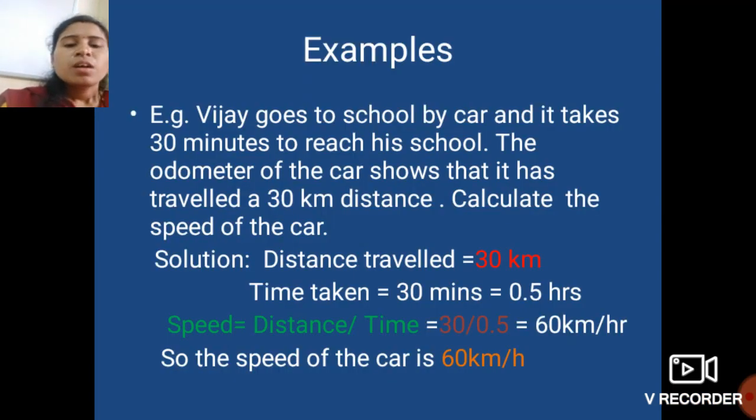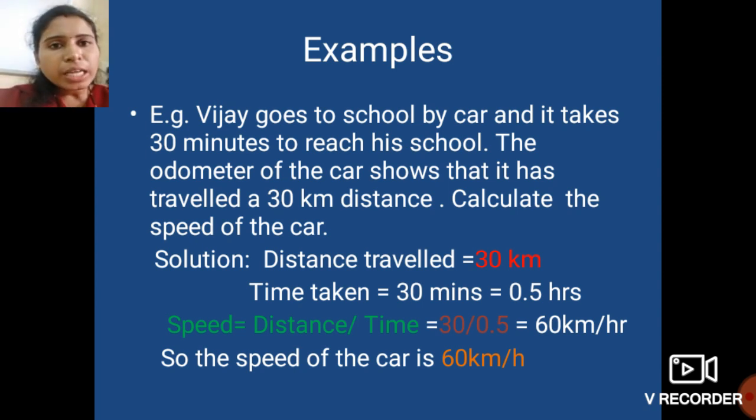Okay, now students, there are certain examples which remain from the previous session. In the previous session we have already learned about speed. What do you mean by speed and what is the formula for speed?